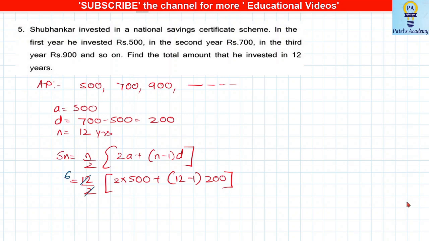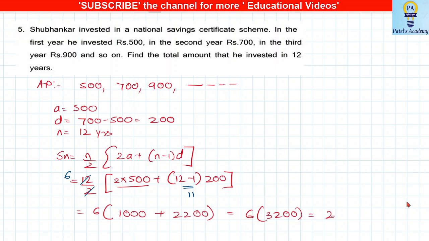In the next step we get 6 (2 into 500 is 1000, plus 12 minus 1, this is 11, 11 into 200 is 2200). So what I get is 6 into 3200, that is rupees 19200.